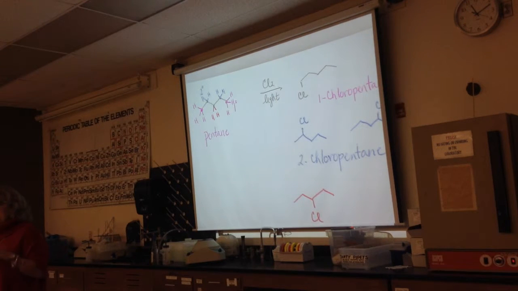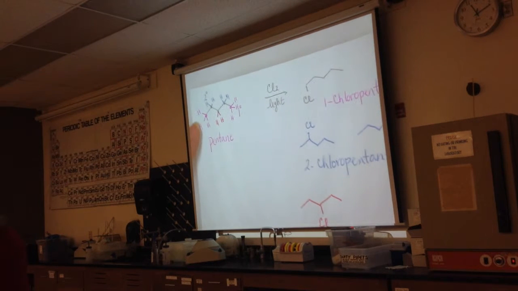The sets of equivalent hydrogens really lead you to believe immediately the set of isomers that you can generate from any one compound. So if from the beginning you knew that there were 3 sets of equivalent, you would have immediately known that you could have possibly 3 different types of chloropentanes as product. Is everybody okay with that?